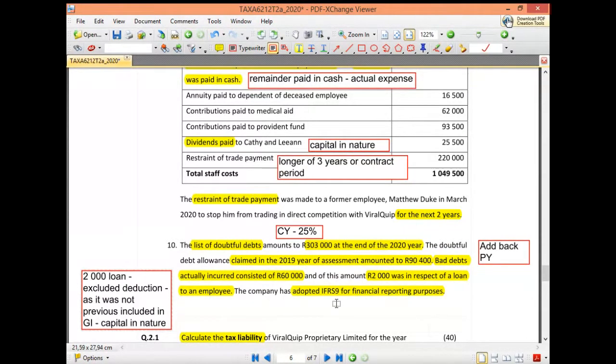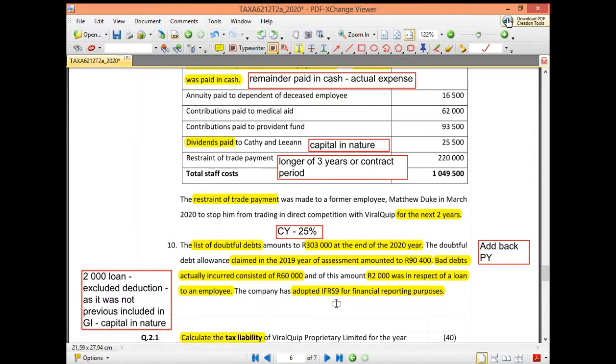And if they tell you it's in terms of IFRS, you've got 25% if it is for impairment, which is what a provision is. If it is for any credit losses, allowances, but they need to specifically state that, then it would be 40%. Okay, so this is just all the information.